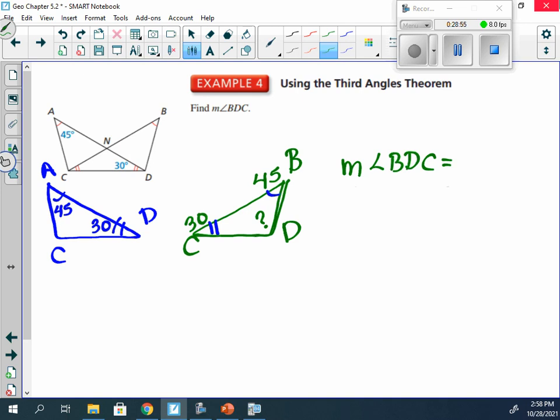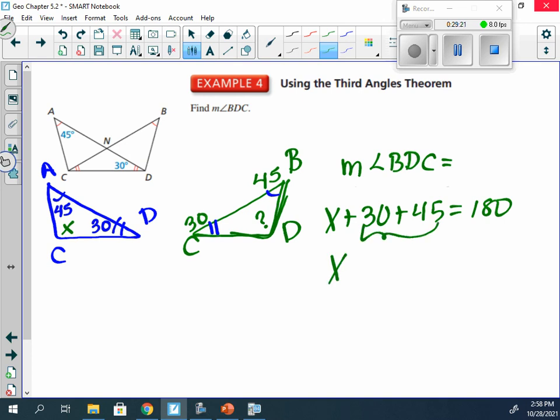Now we want to find the measure of BDC. Because of our angles, we know that this angle here and this angle here are going to be the same. Now these three angles here add together to be 180. So x plus 30 plus 45 is going to equal 180.